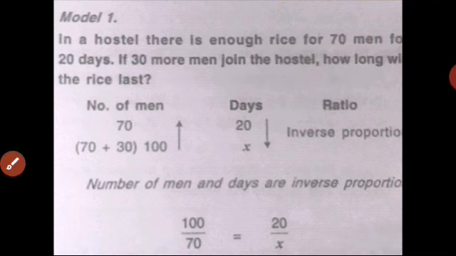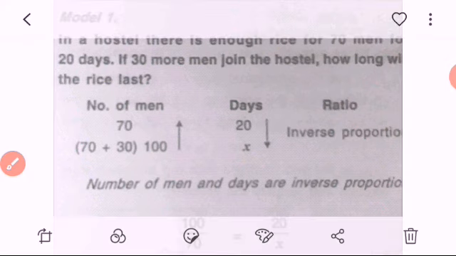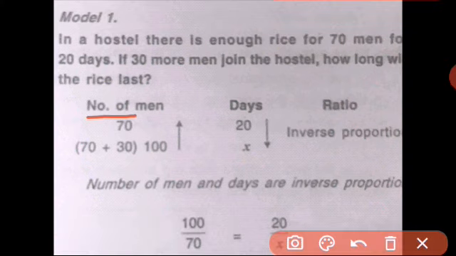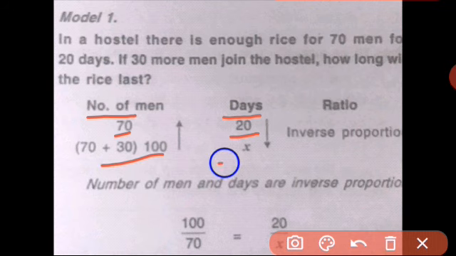See, let me tell you. Number of men and days, you have to make the list. Here 70 men and 20 days. For 100 men, how many days is the question. In case of direct proportion, you did the cross multiplication.